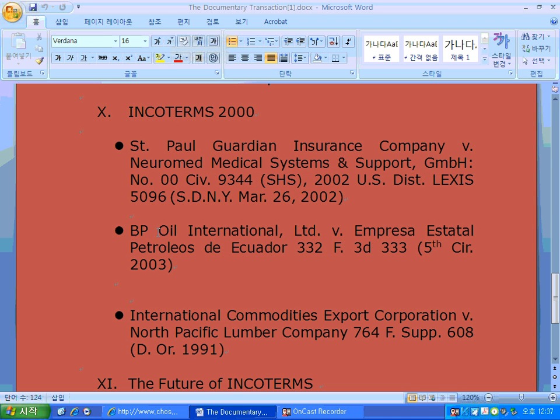So long years of reticence would make the custom inapplicable. So that is a concept borrowed from public law, international public law.